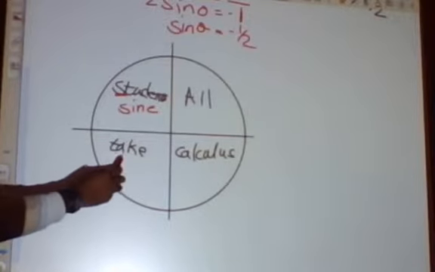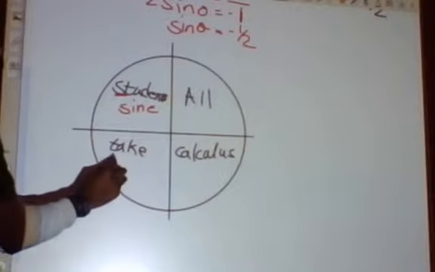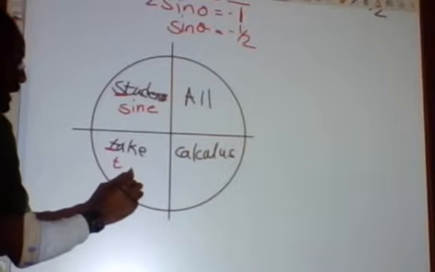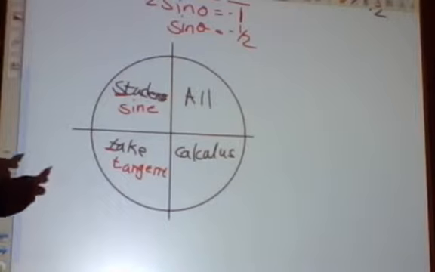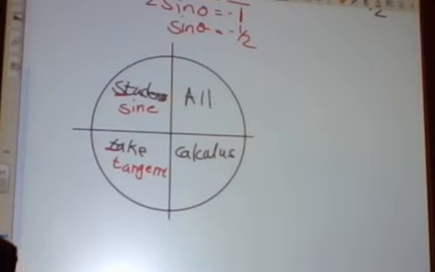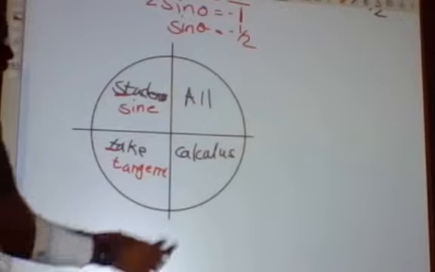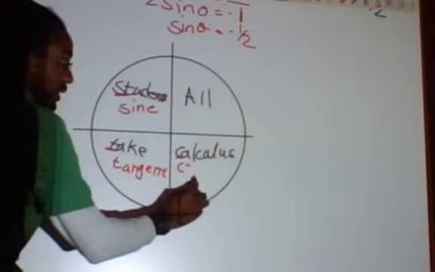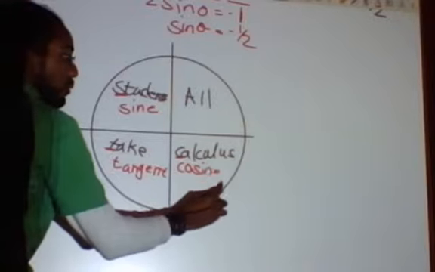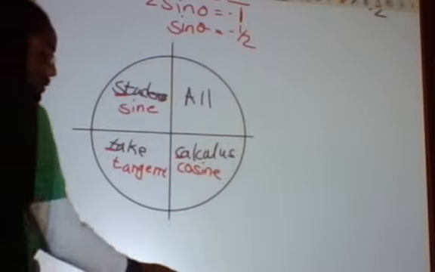If you look down here for this third quadrant, t is the same as the first letter in tangent. So tangent will be positive here, and all the other ones will be negative. And then for this one, c has the same first letter as cosine. So cosine will be positive in this fourth quadrant.